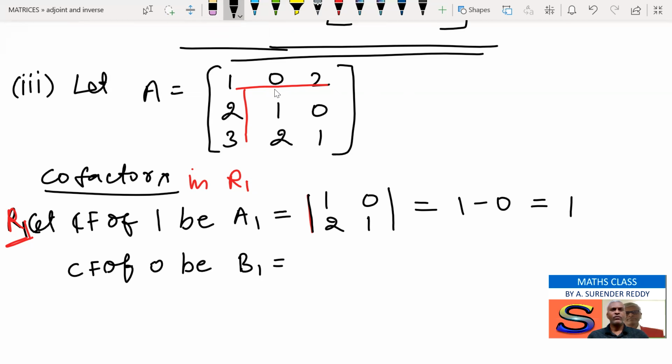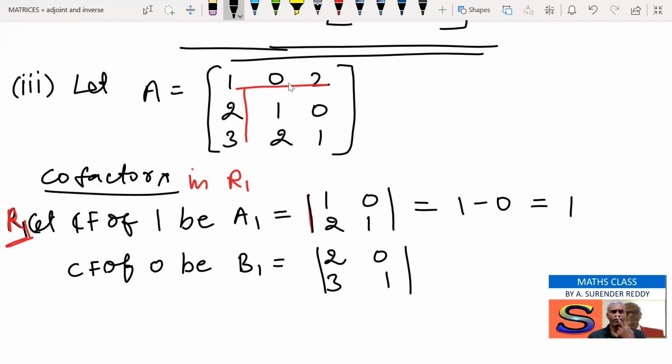So for 0, eliminating this row and this column, you get 2 3, 0 1.